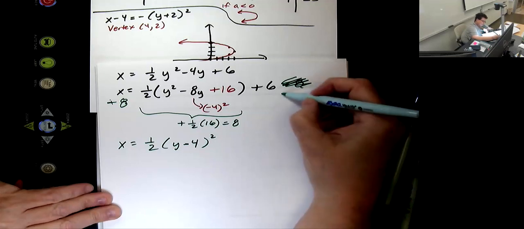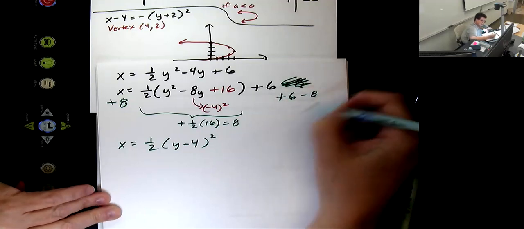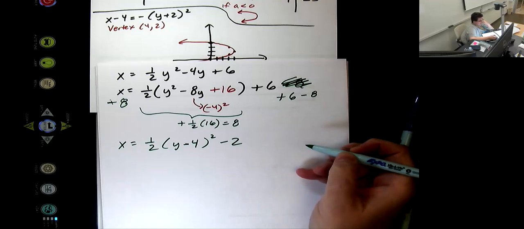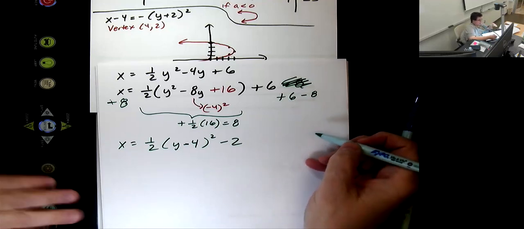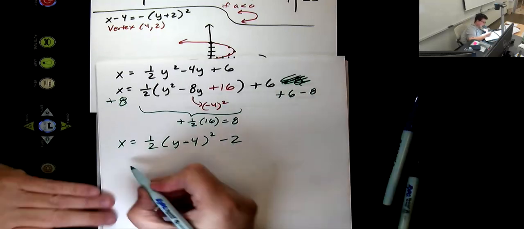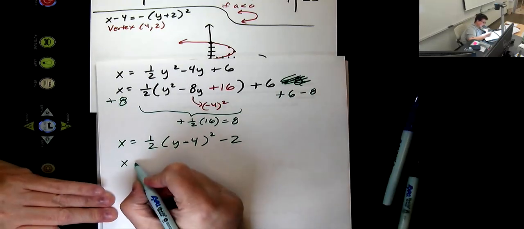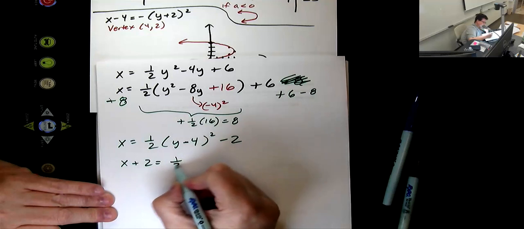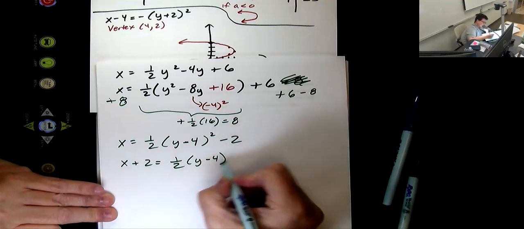And then I had +6 minus 8 is -2. So if I want it in the form up there, I'll add the 2 back over. X plus 2 equals 1/2 (y minus 4) squared.